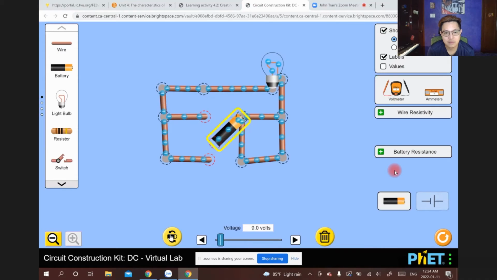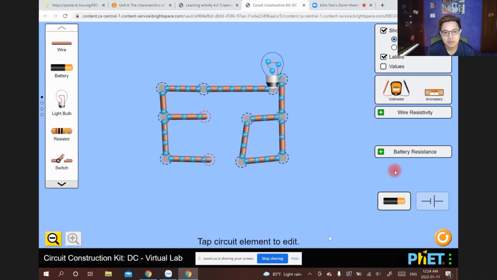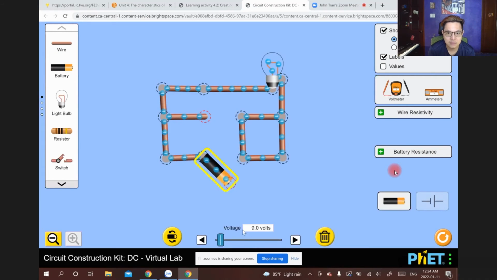Where's your voltmeter? Oh, why is it like that? Strange. Oh, it's just a repel charge. Because negative repels charge. That's a problem.